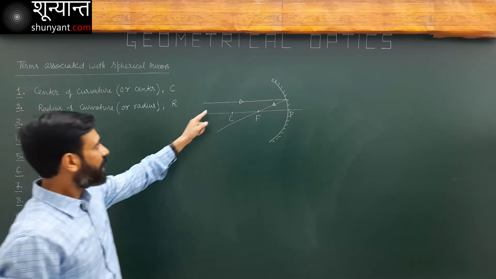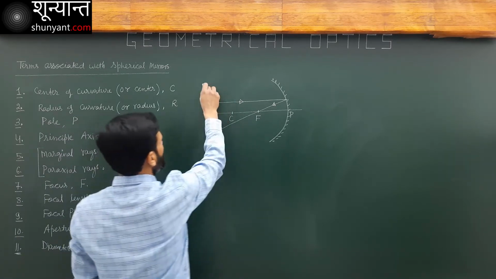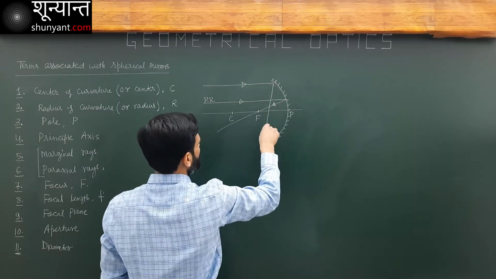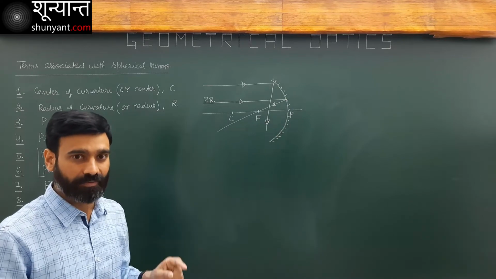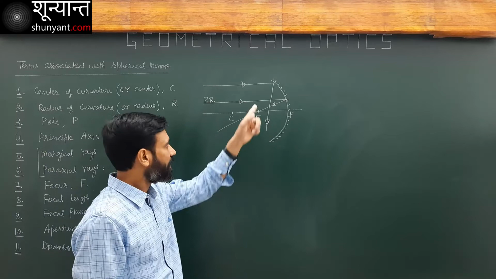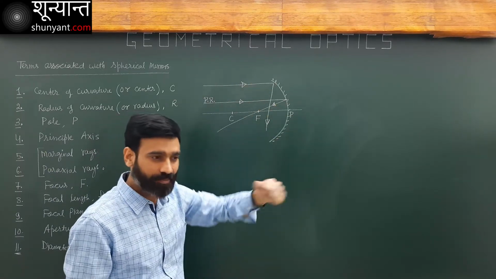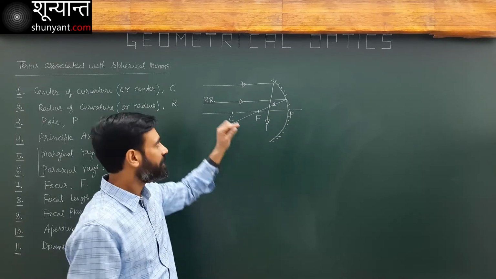It is defined only for paraxial rays. Marginal rays may not meet at focus. It may pass through any point. Note this down. Only the paraxial rays will meet at focus. The marginal ray after reflection can pass through any point, not necessarily through focus.